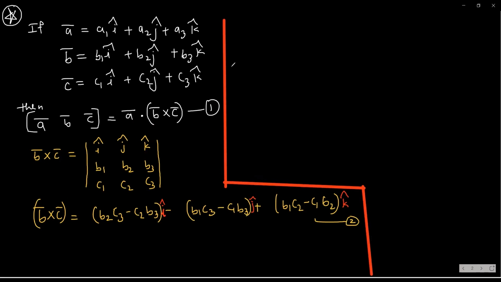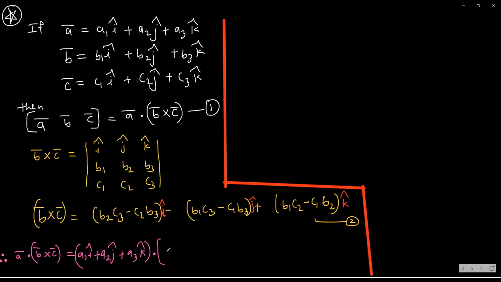Therefore, a bar dot b bar cross c bar will be, what is a bar? a bar is a1 i cap plus a2 j cap plus a3 k cap, dot b bar cross c bar.